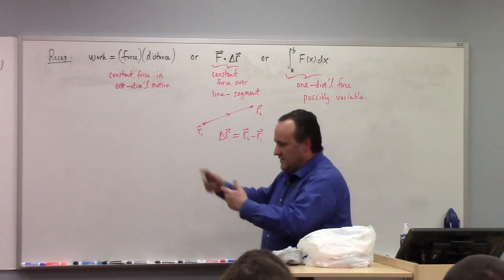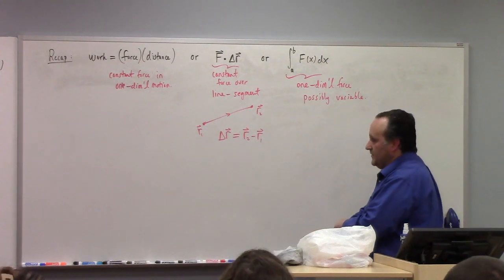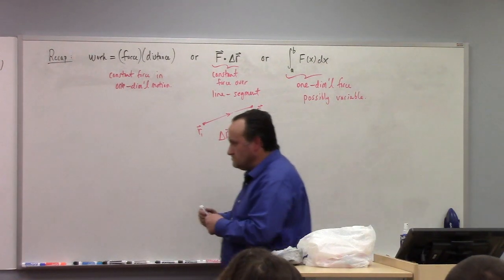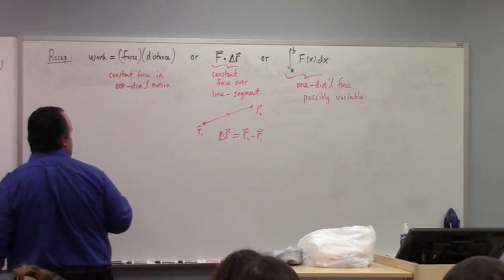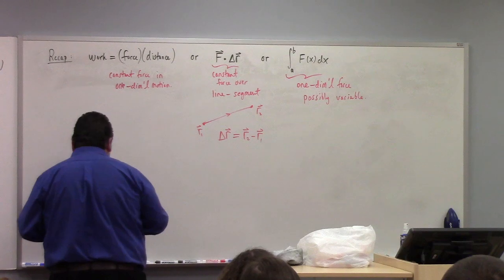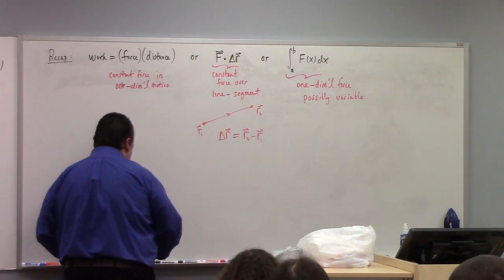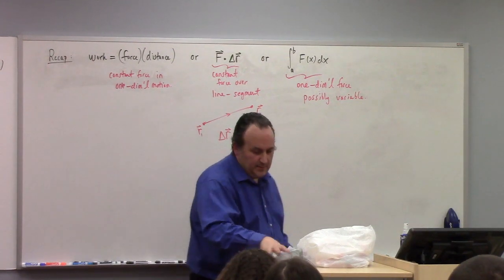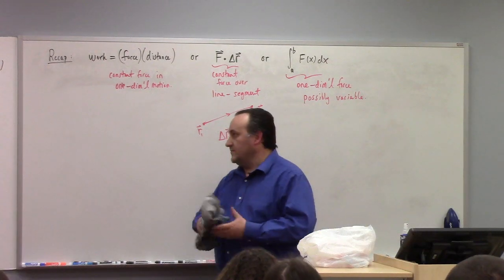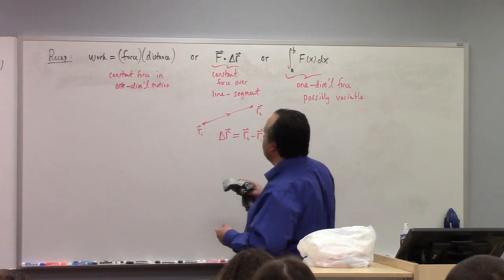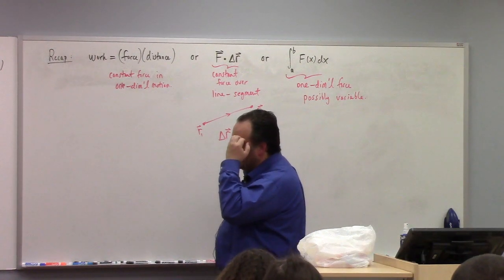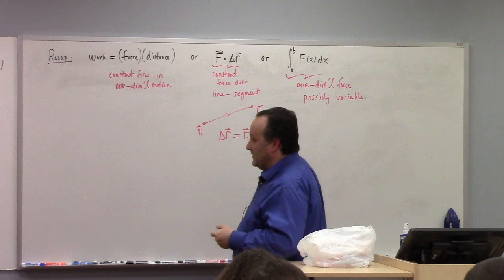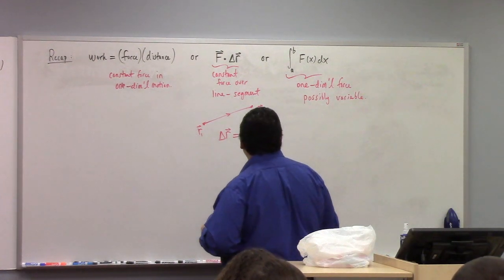But we can see the calculation just like that. Actually, before I do any further examples, I probably should show you guys why this all matters. We will do more examples of calculations of work, but I want to see if I can derive the work-energy theorem for you guys today before I forget.